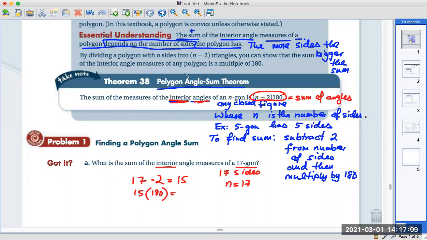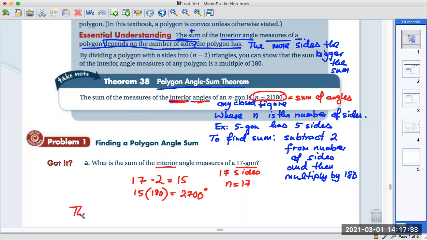How do you do it? 15 times 180. It's always the same, by the way. Always subtract 2 from the sides, multiply by 180. So the sum of all the interior angles is 2700 degrees.